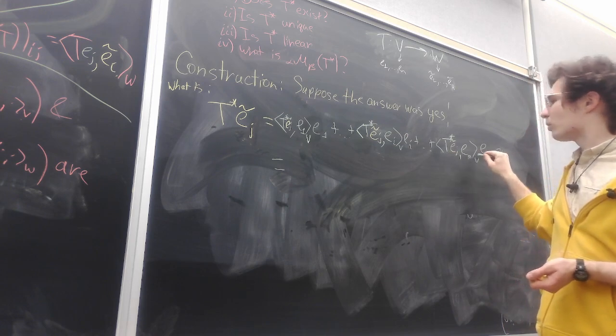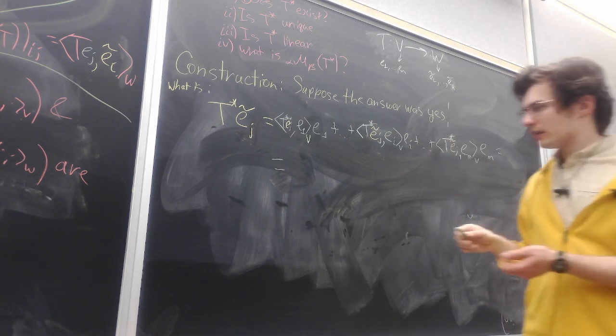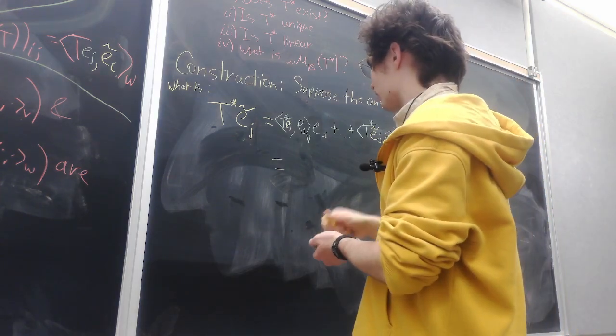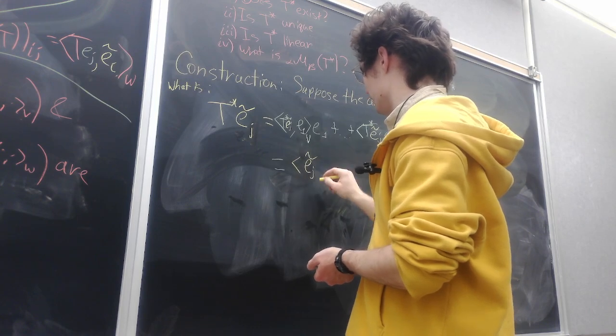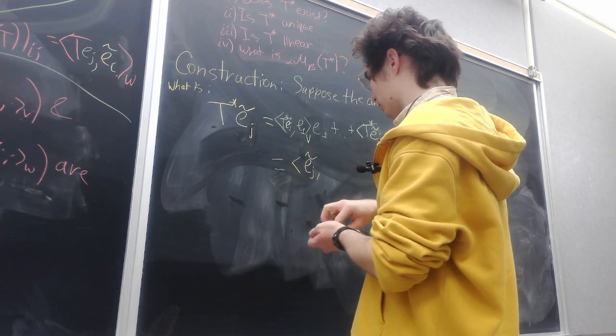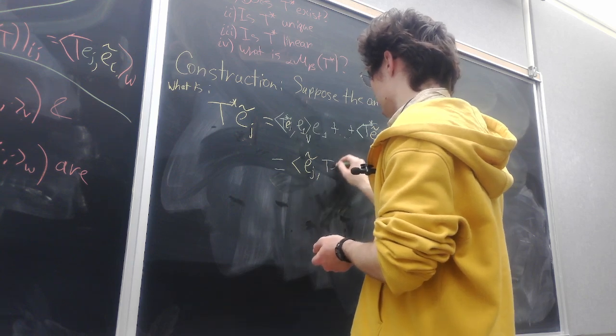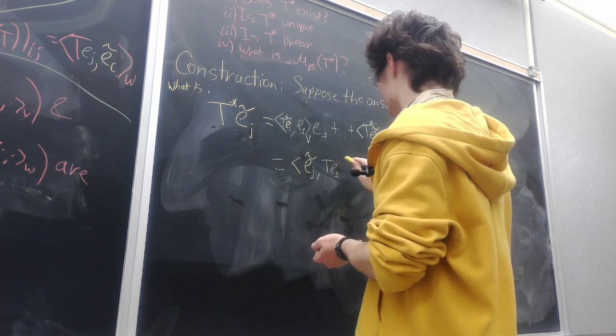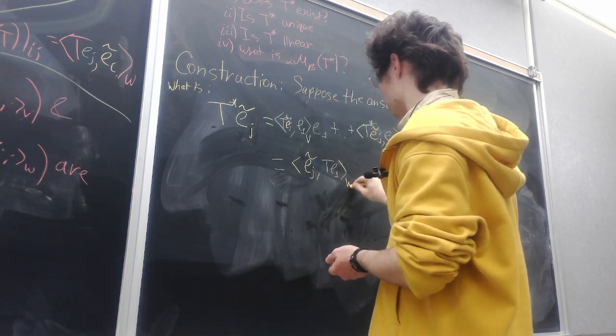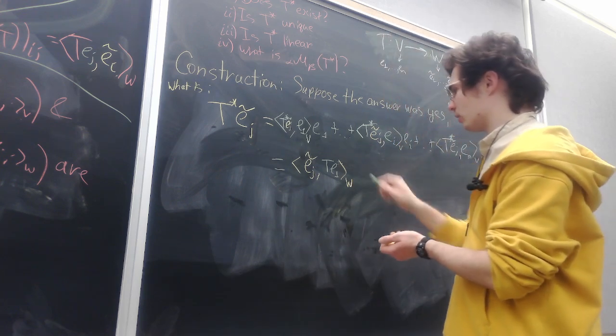But it just flips to an inner product in a different space. So let's rewrite this now. So this would be E tilde J, inner product, TE1, and then this inner product is now in W, E1.